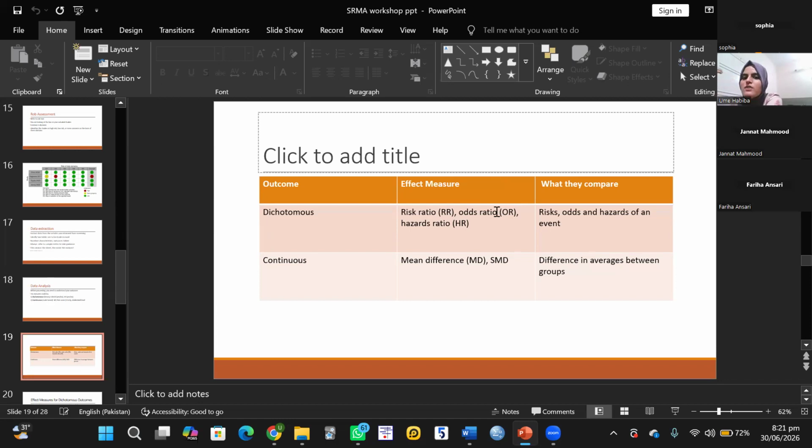Risk, odds, or hazards of a certain event, right? But if you have a continuous outcome like blood pressure, like pain, like fatigue, right? Scale-based answers. For those, your effect measure would be either mean difference or SMD, standardized mean difference, right? You just have to select these options in Revman. It's not important to know the details of each of them, but I would give you a very brief introduction of them.